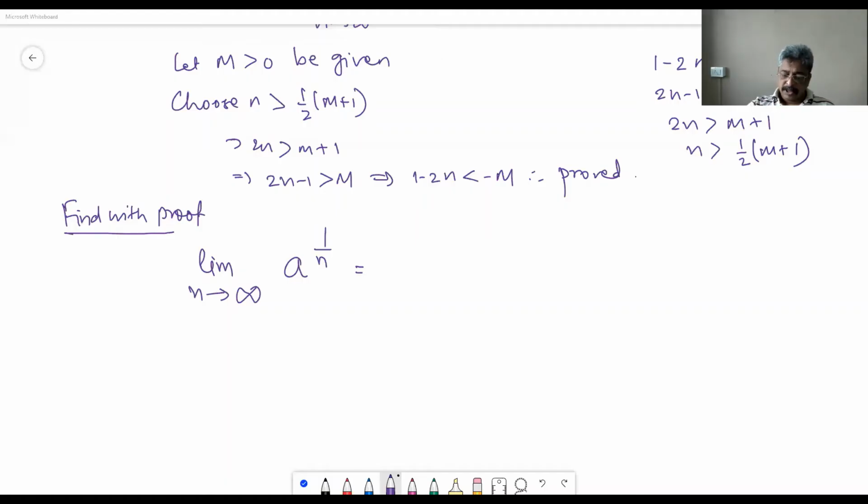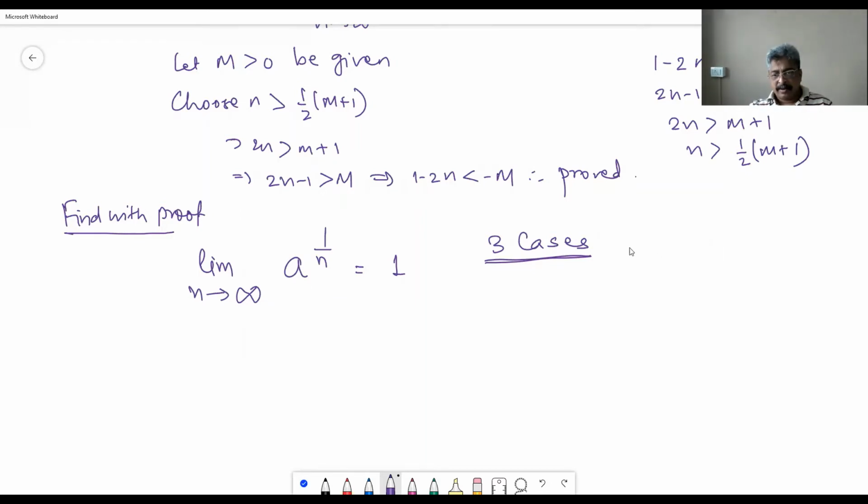The answer for this limit is going to be 1, but there will be 3 cases. Because when you are dealing with an a raised to x function, we need to separate this function into 3 parts.